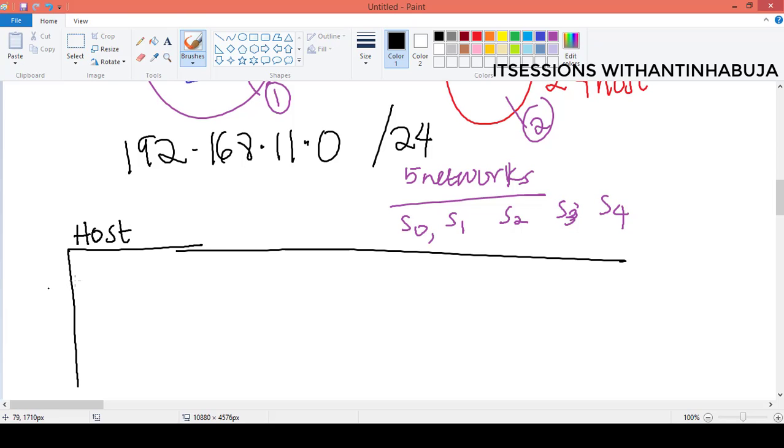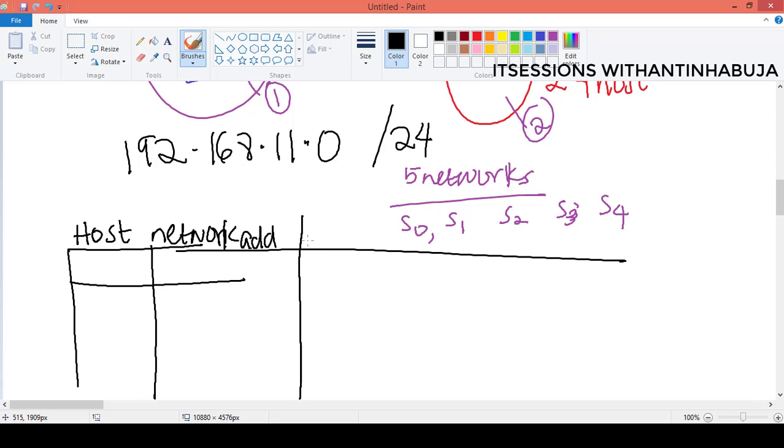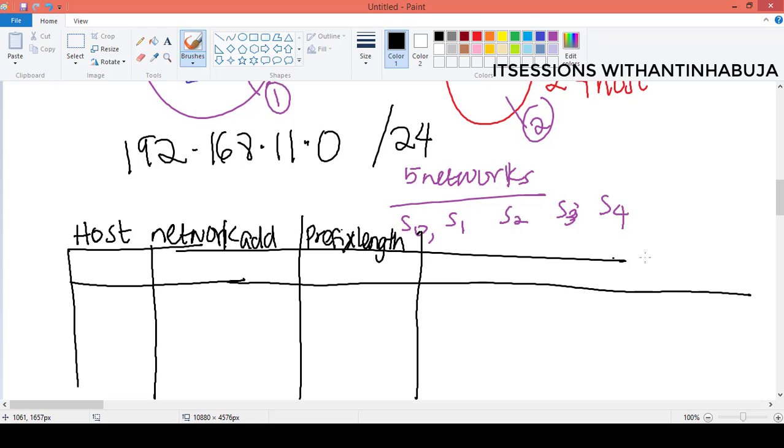Then the next thing is the network address for that number of hosts, and then the prefix length that comes with that network address. For now, these are the things we will need, although we will need more on our table. So let's first start analyzing with this.